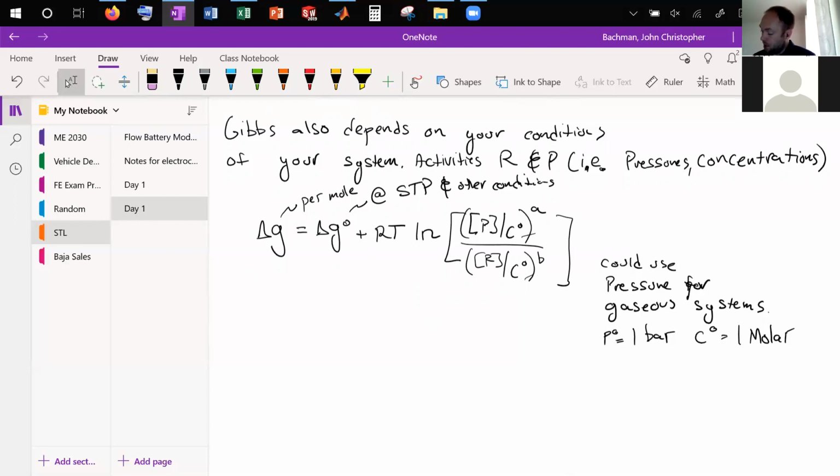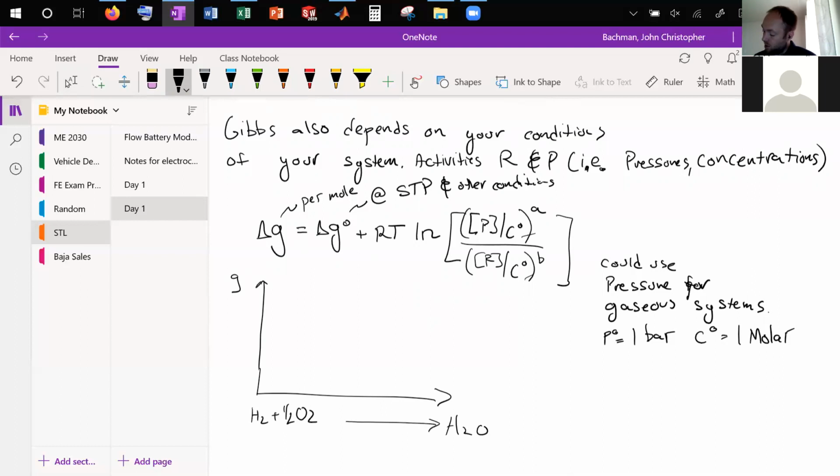And if we look at the Gibbs free energy of the system as you go from hydrogen and oxygen over to water on this side, you'll find that it's going to be highly favorable over on this side for our reaction in the system. And so if your system's like here, that means it's going to run this way, which means you're going to have this forward reaction.